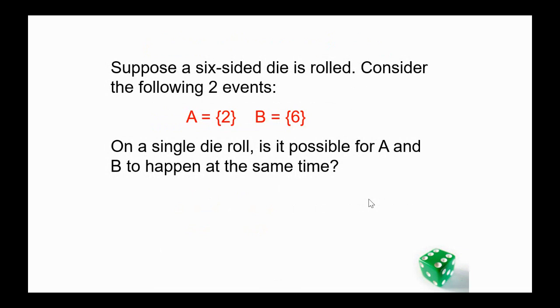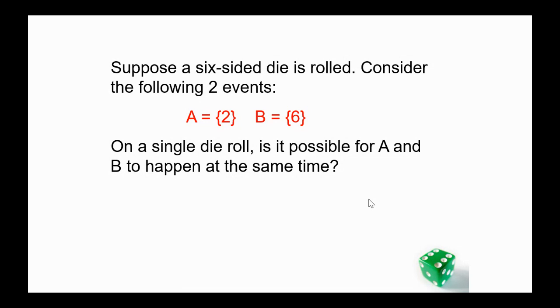So let's suppose we roll a die. Consider the two events, A being 2, B being 6. On a single roll, is it possible for A and B to happen at the same time?